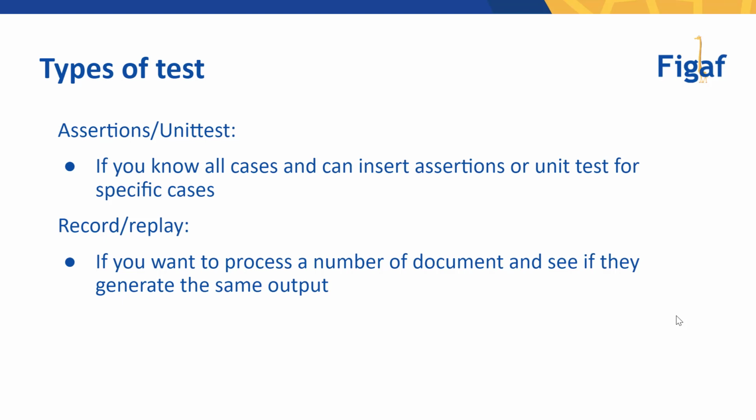The other one is a record and replay scenario where you want to produce the same number of documents. You take some documents from your productive system, both input and output messages, and send them through again. These are the two different ways that you can do testing.